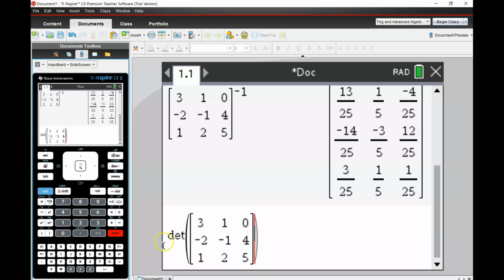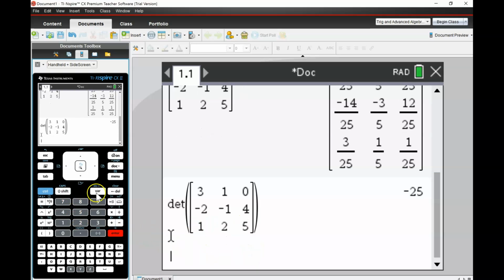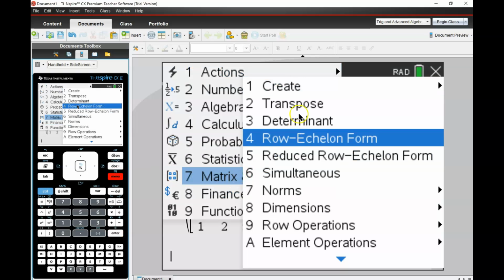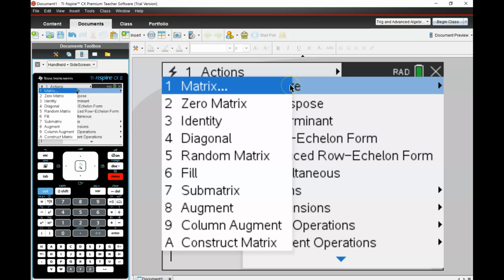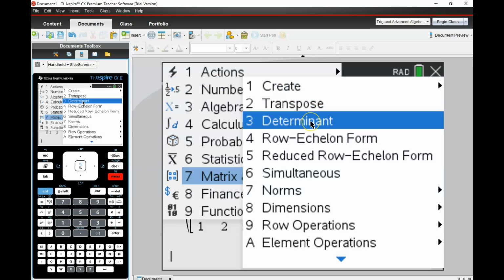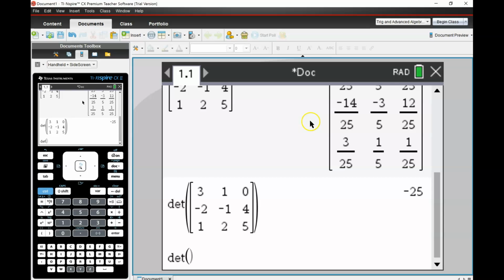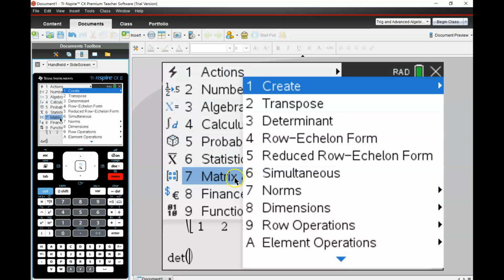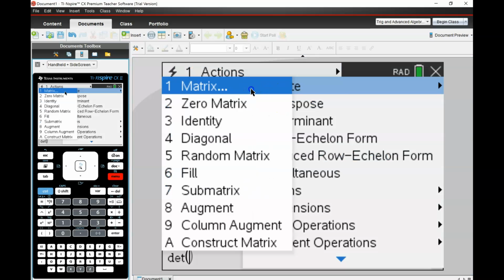Now, let's do another one. Menu, matrix. I want to find the determinant of a matrix. Determinant of. Now I'm going to create the matrix right here. Menu, matrix, create.